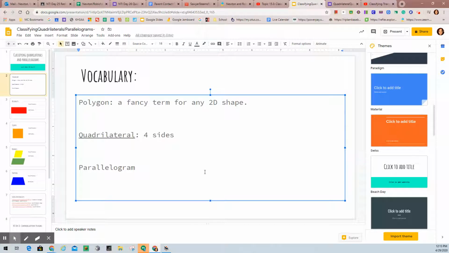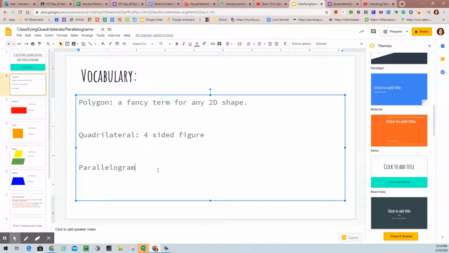It's a four-sided figure. Think about all the fancy shapes that we have looked at and how we know the names of them, and think about which of those shapes had four sides. Well, that would be your quadrilateral. And we're going to really look at those today.